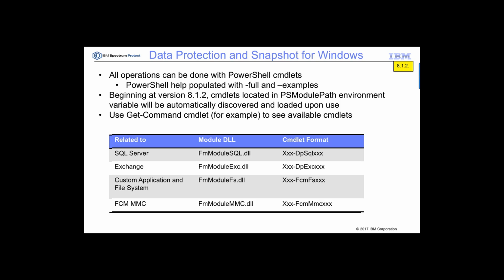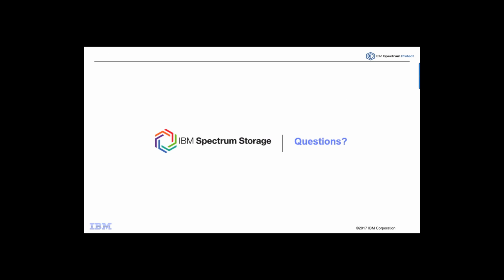You used to have to use a PowerShell command to load these modules. Now it's done automatically for you, so it's an ease of use enhancement. So that concludes the 8.1.2 enhancements for VE.